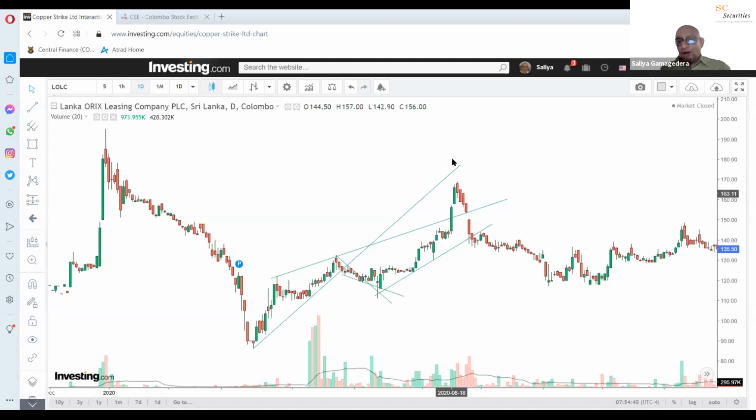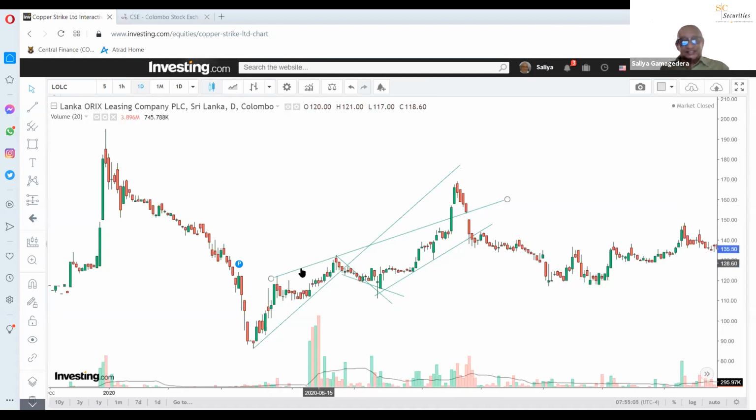But it didn't go up to that level, made a reversal, and started another downward direction. And you can see on one day that this particular day, the close respected the line, which was now the support line.